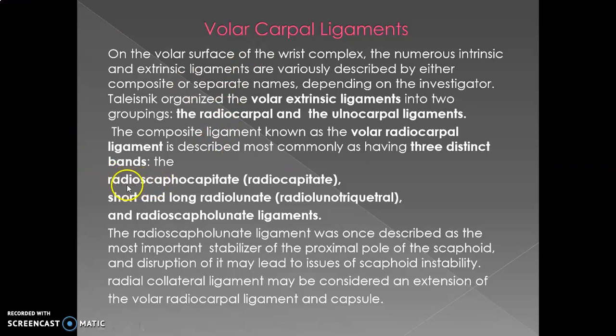radioscaphocapitate, that is between the radius, scaphoid and the capitate, and because they start from the radius and end in the capitate, they are otherwise also called radiocapitate. Then the short and long radiolunate, that is the radiolunotriquetral, which covers the proximal bones, the radius, the lunate and the triquetrum, excluding the scaphoid, and the radioscapholunate ligaments.